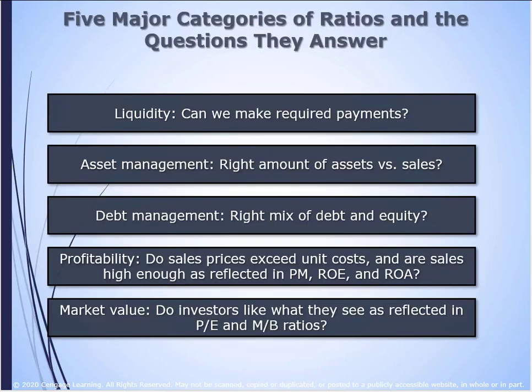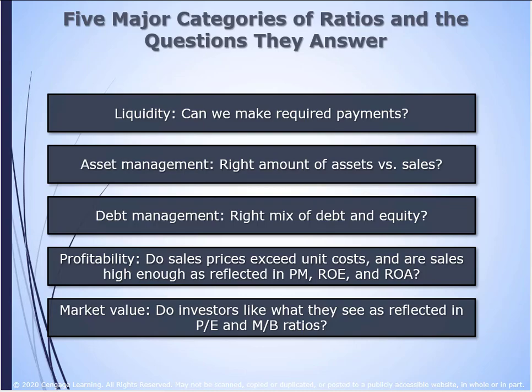So there are 5 basic categories of ratios. The liquidity ratio asks, can we make our payments on a current basis? Asset management basically asks questions about efficiency. Do we have the right amount of assets, or are we controlling our assets in an efficient manner?